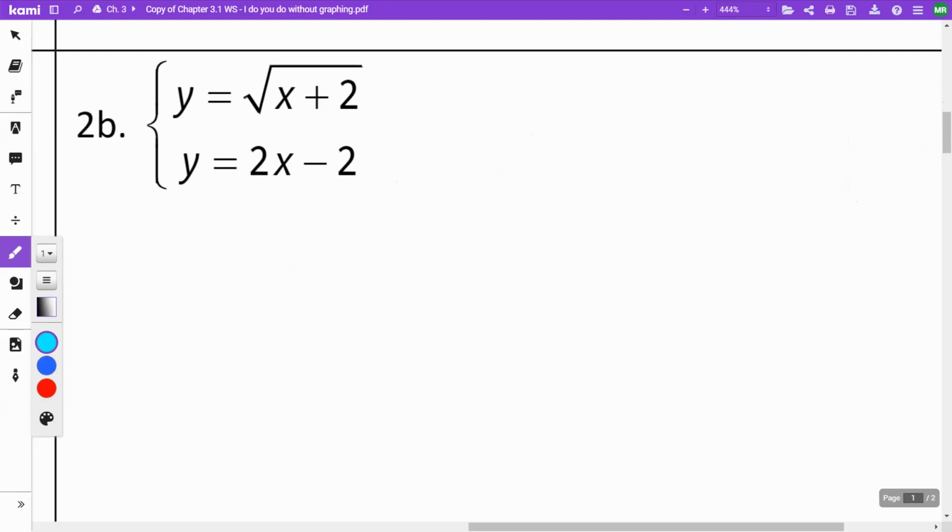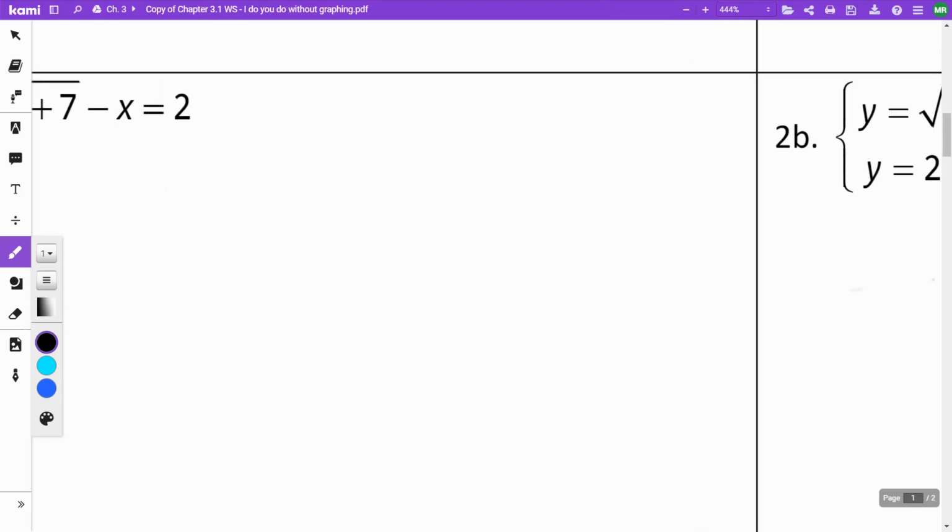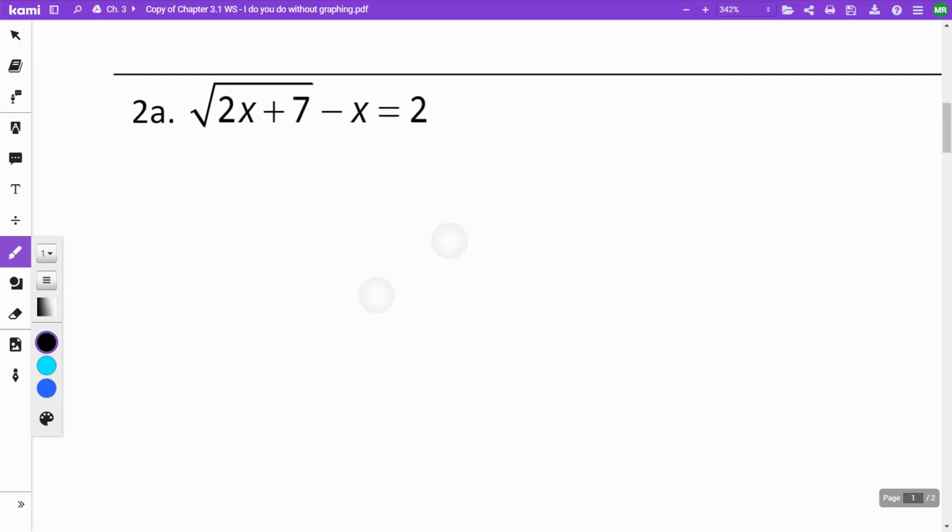So what I'm going to do is I'm going to take the square root of x plus 2, since it equals y, and so does 2x minus 2. It also equals y. That means that both of these have to equal each other. So now at this point, after I've done this extra little step, I'm going to move it for a second. You're going to see that I get something that looks like 2A.